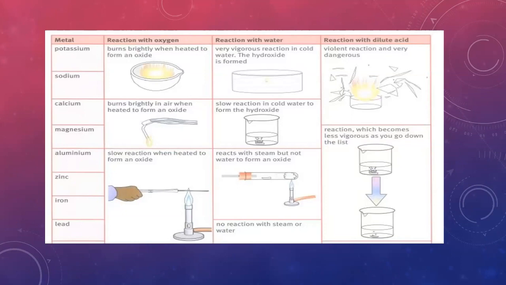What happens when these elements react with dilute acids? Don't forget this point: when the elements in group 1, like potassium or sodium, react with dilute acid, not concentrated, but dilute, this reaction is a violent reaction and very dangerous.